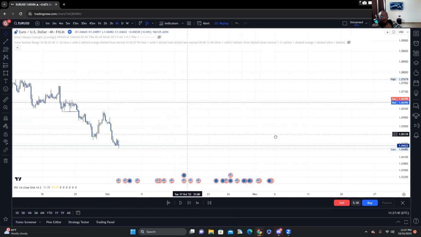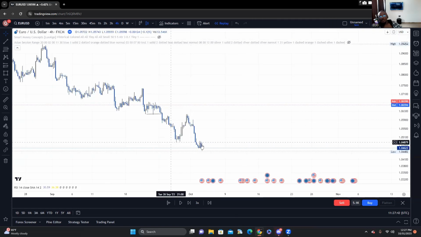But what can we see? We see that there's another break of structure here to the downside. So that's another break of market structure to the downside.